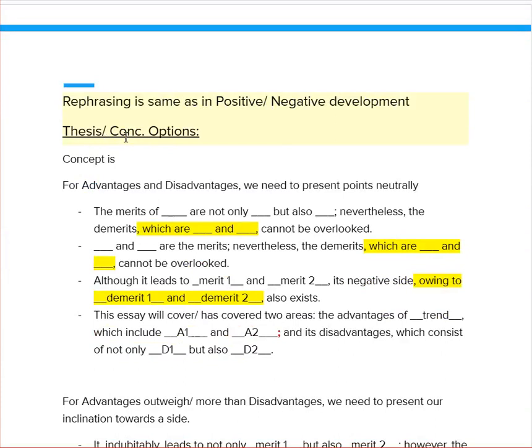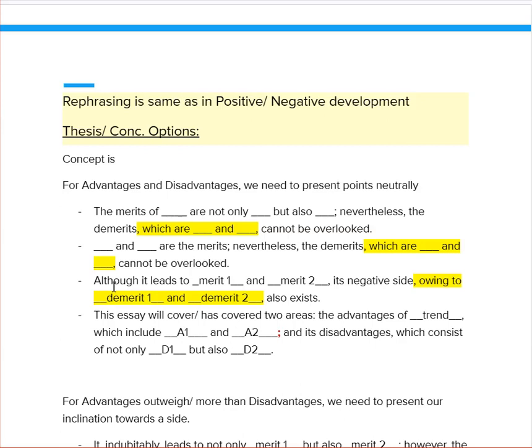Thesis, conclusion, and options. The concept for advantages and disadvantages is that we need to present points neutrally. The merits of dash are not only dash but also dash. Nevertheless, the demerits, which are dash and dash, cannot be overlooked.